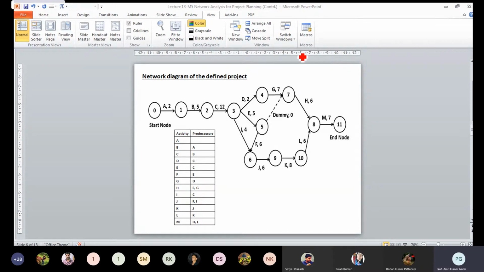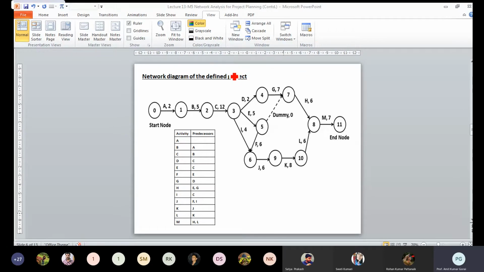As I told, for job E, we can directly connect it from node 3 to node 7.